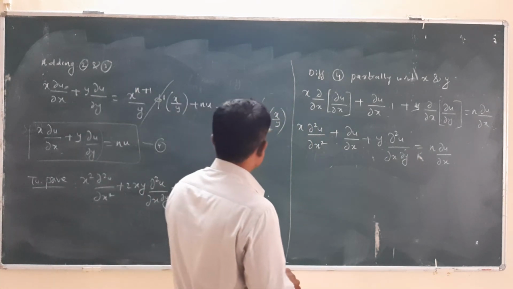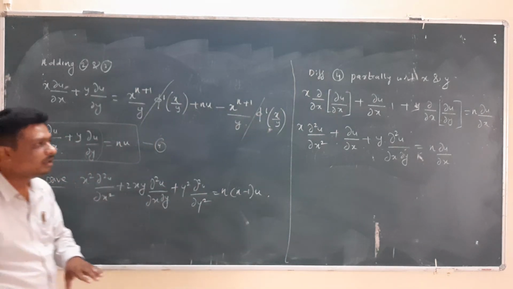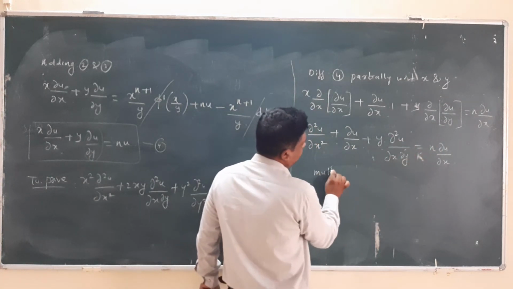So now in this result we need x square. For that what I do? I will multiply this equation by x on both sides.